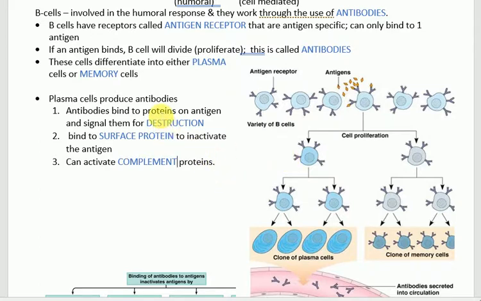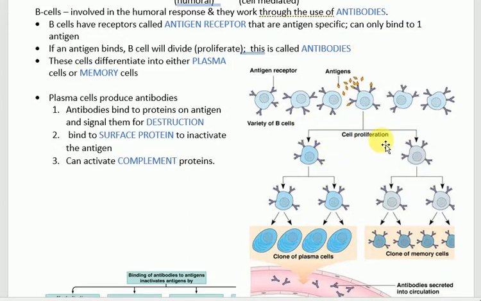So first, we have the antibodies. So right here, here's a variety of B cells, and we've got this antigen receptor. So basically, when that antigen invades and it binds to that receptor, then it is going to come down here. Proliferation occurs, right?